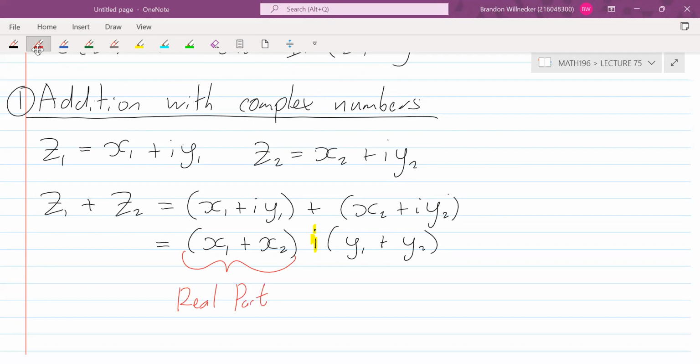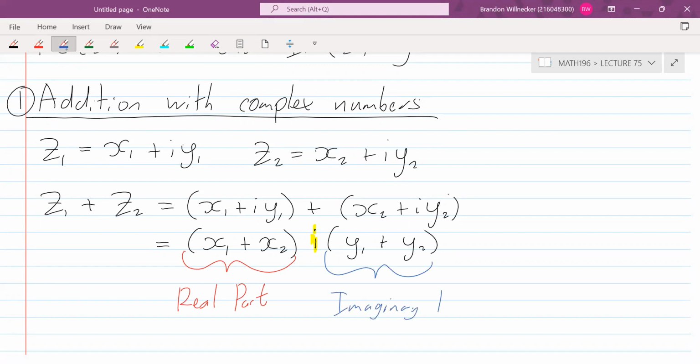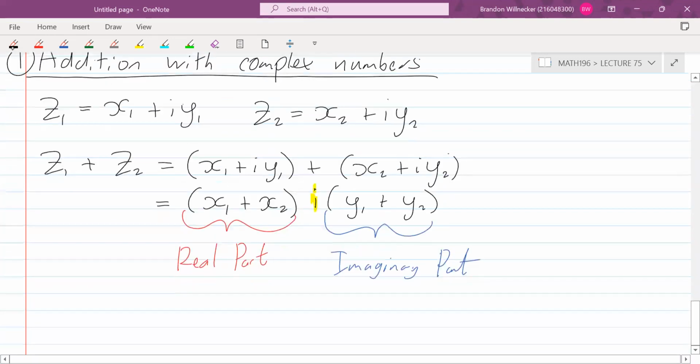And we have i times the imaginary part. So a complex number plus another complex number is again a complex number given by this expression on the right. Okay, what about subtraction?